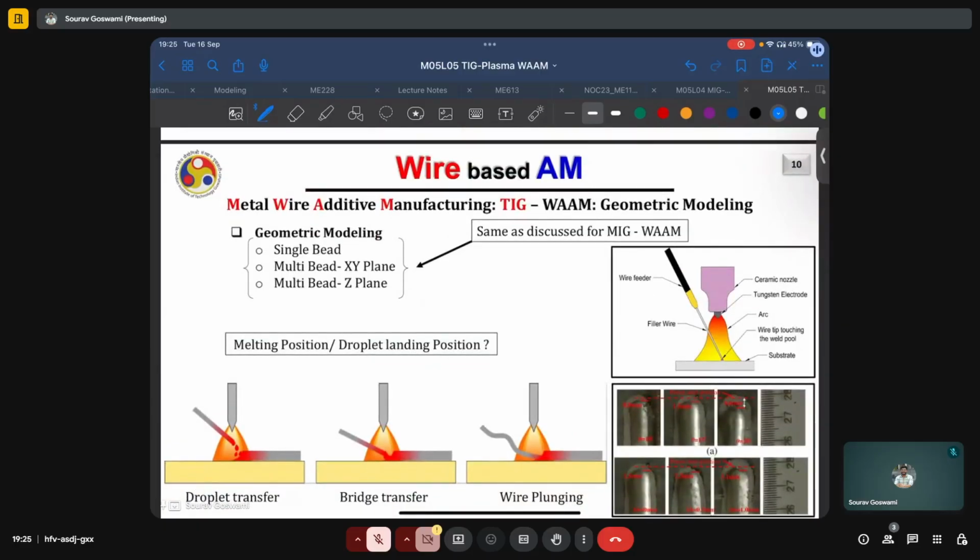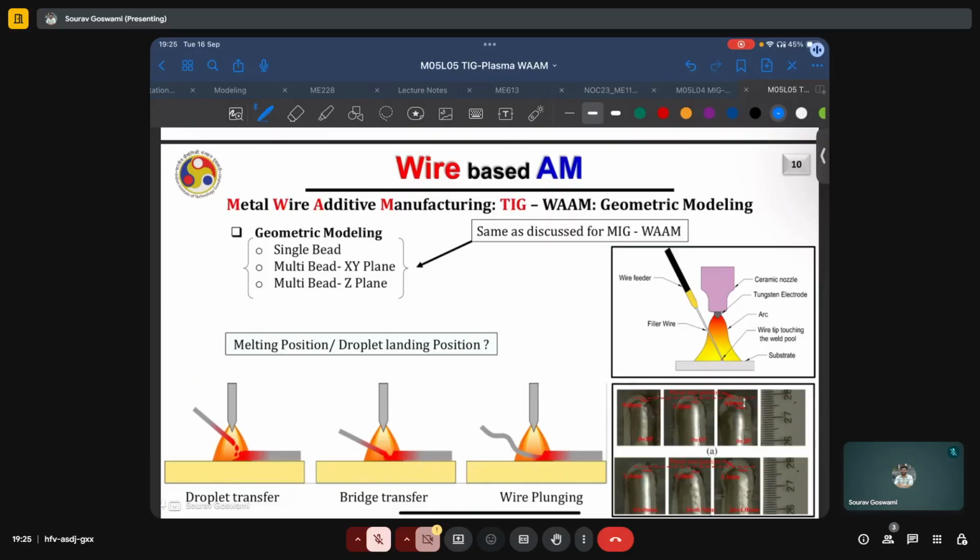The material deposition can occur in one of three ways. It can occur in the form of droplets, where the material gets molten, breaks down into discrete droplets, and gets deposited on top of the pre-built layer or the substrate.